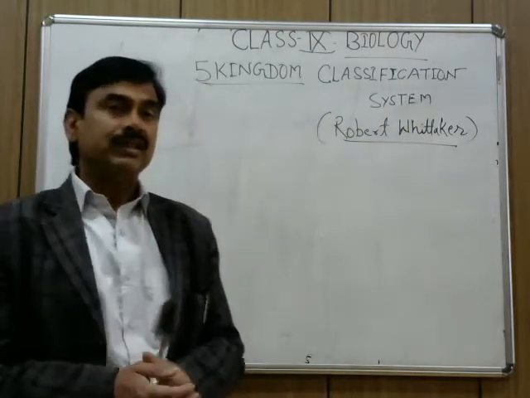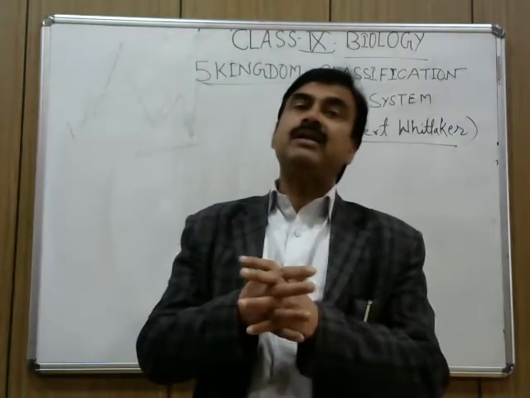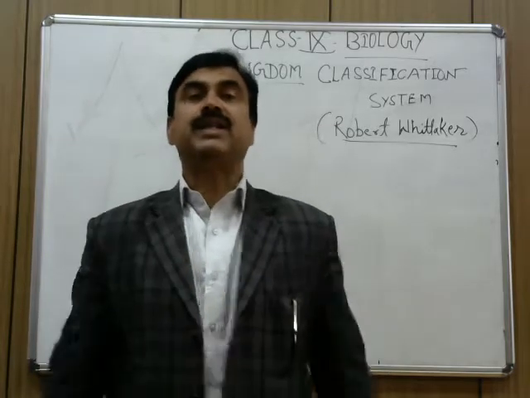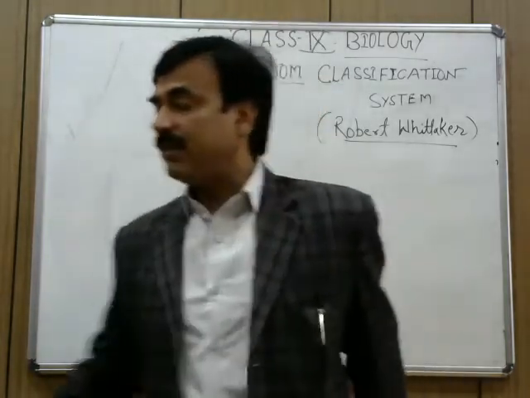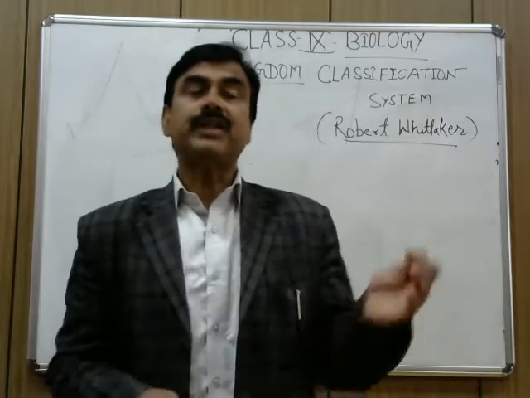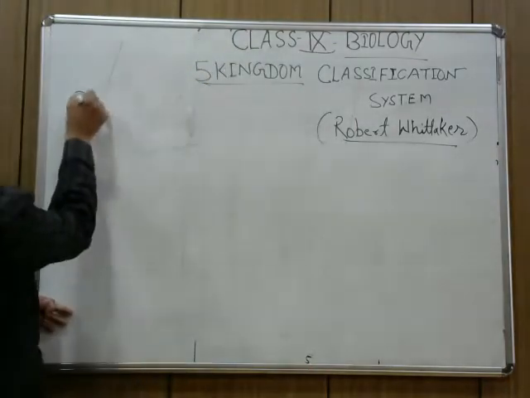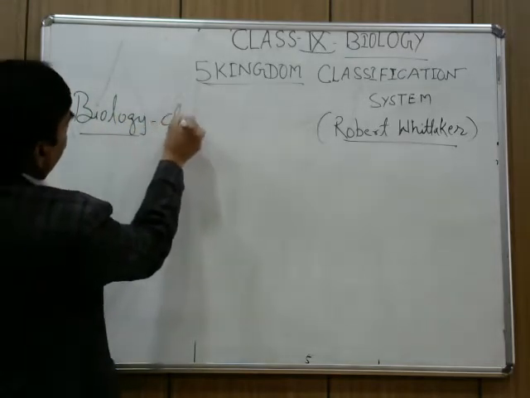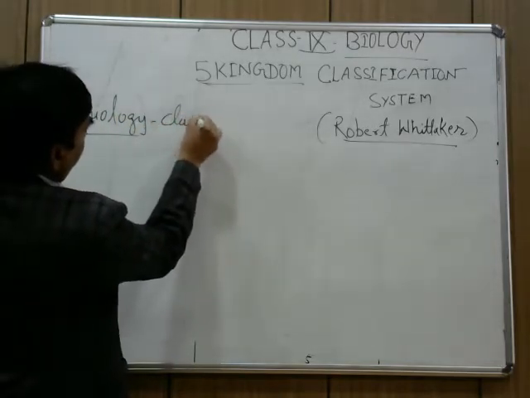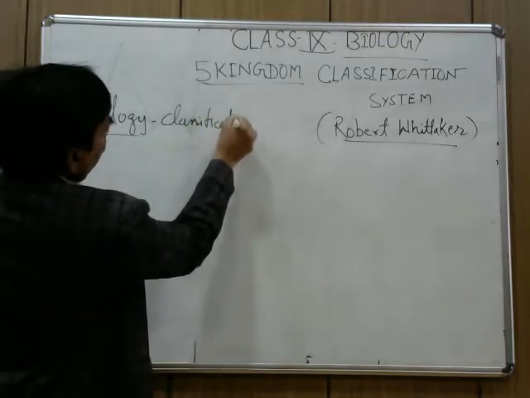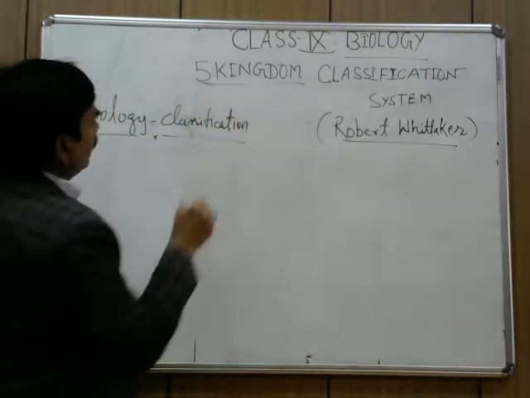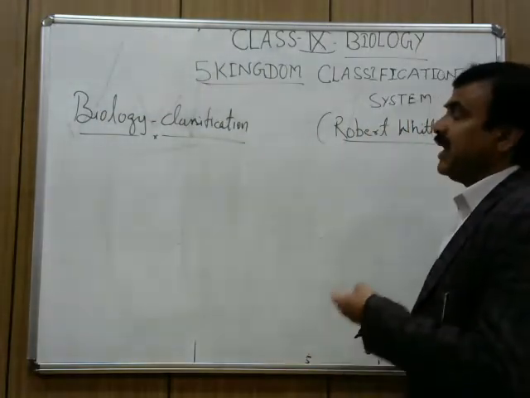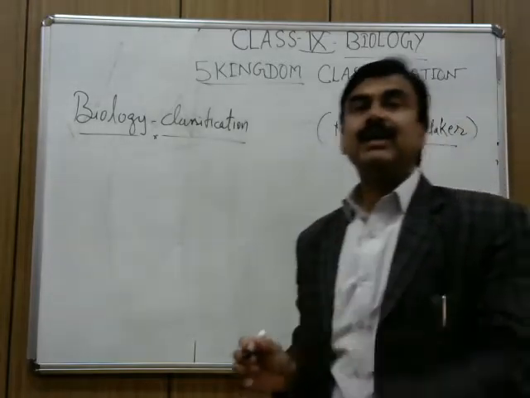It tells that the entire plant and animal world is classified. When we are talking about biology classification, you must remember that we go for the classification of the plant kingdom and animal kingdom.